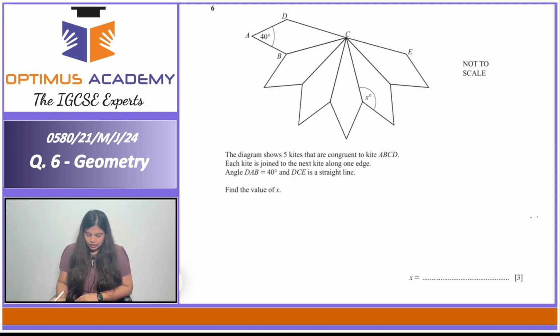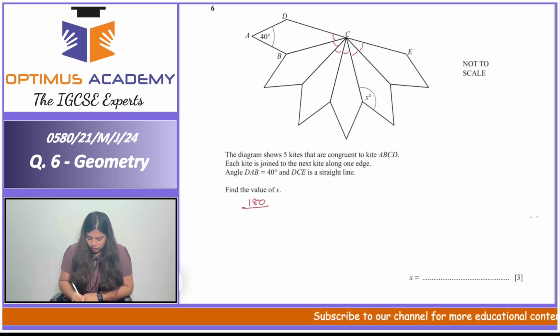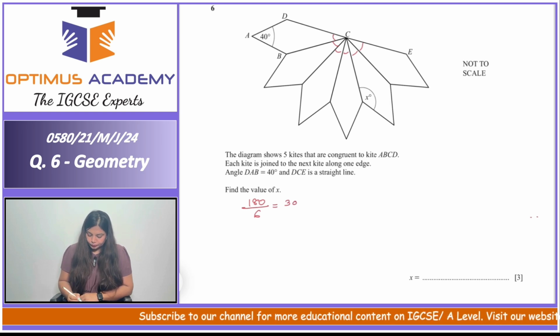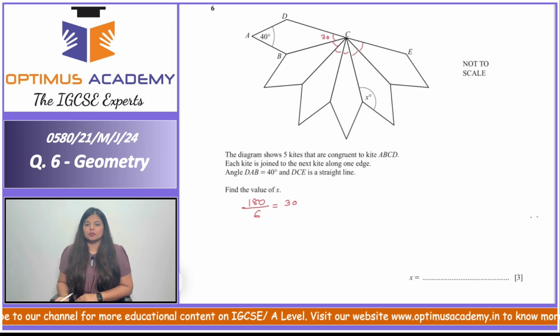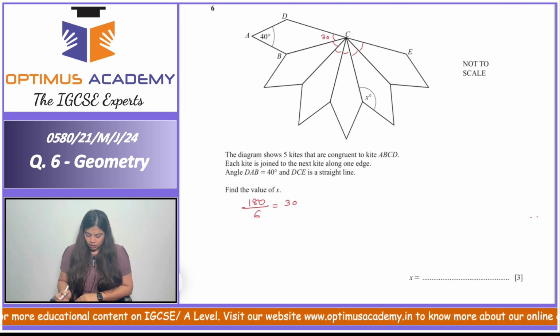Now, since we know that DCE is a straight line and all the kites are congruent, the angles formed at point C are all equal. Hence, we can do 180 upon 6, that is equal to 30. Now we know that in a kite, the two angles are 40 and 30.